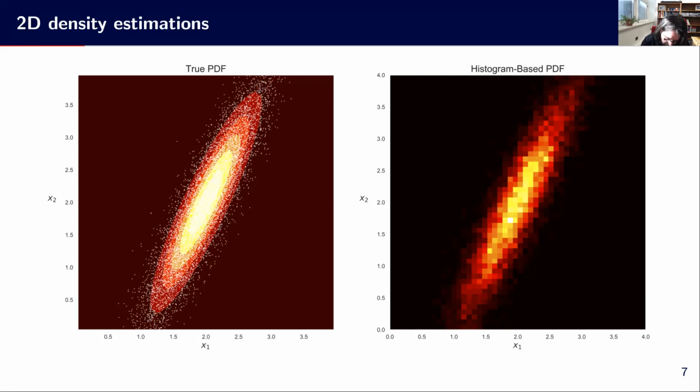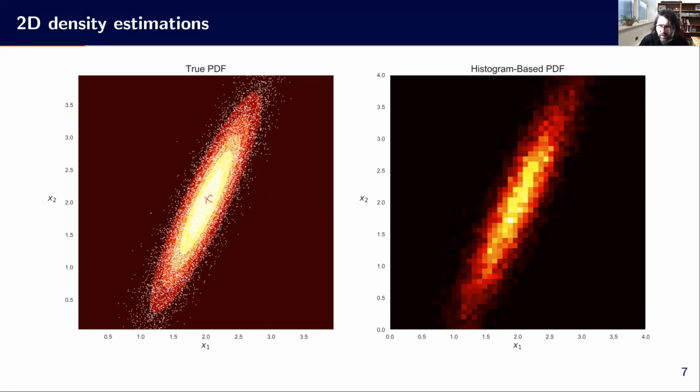And it is centered here around 2, 2. So this is the center. The small dots that we see here are samples coming from that distribution. And when we do a 2D histogram estimation of the distribution, we get something like what we have on the right.